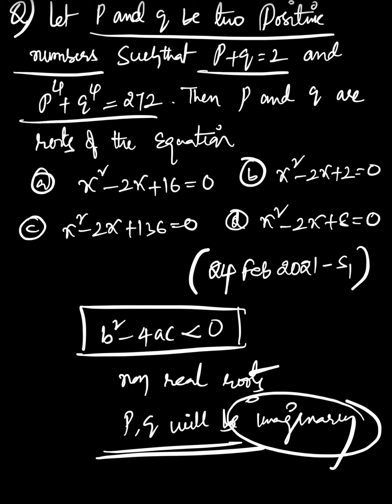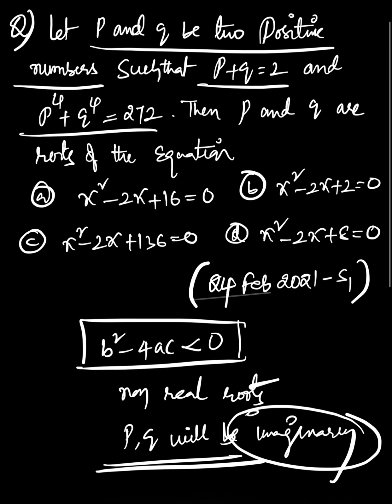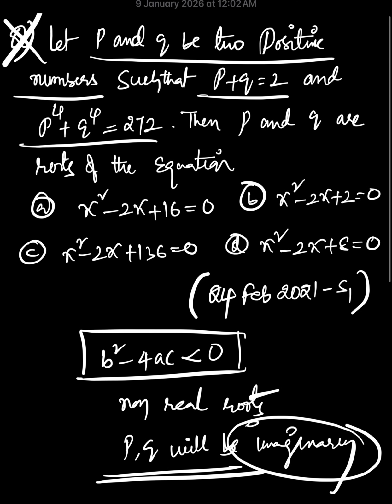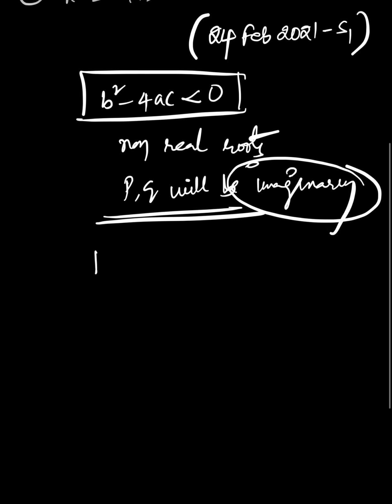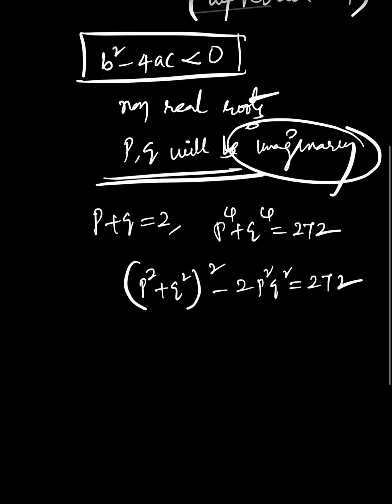Now, if we move on to the further conditions, strictly the question is clearly wrong. But suppose we move on according to the given conditions: if P plus Q equal to 2 and P power 4 plus Q power 4 equal to 272, then P power 4 plus Q power 4 is (P square plus Q square) whole square minus 2 P square Q square, equal to 272.